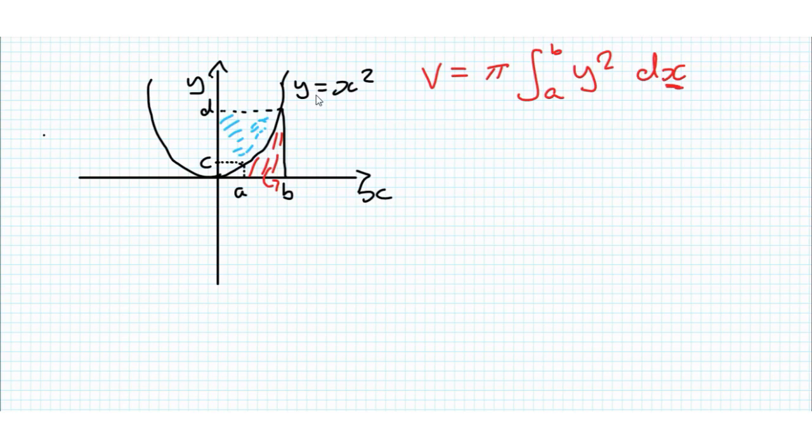So let's just complete this example. This is equal to pi integral from b to a of y squared, which is x to the 4, dx.